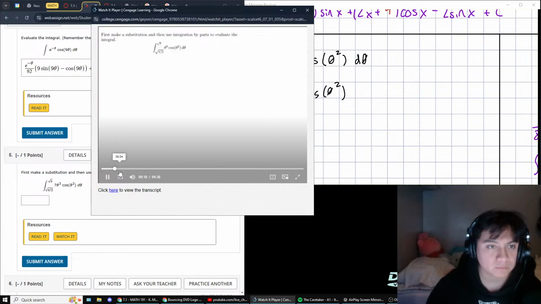First, make a substitution. Looking at my integrand, there's a clear inside function here, and that's theta squared. Now, its derivative is not exactly theta squared.